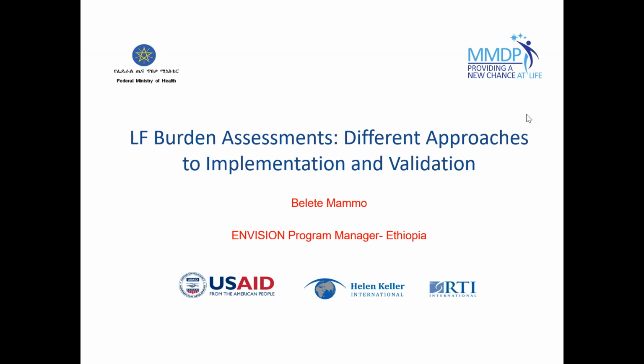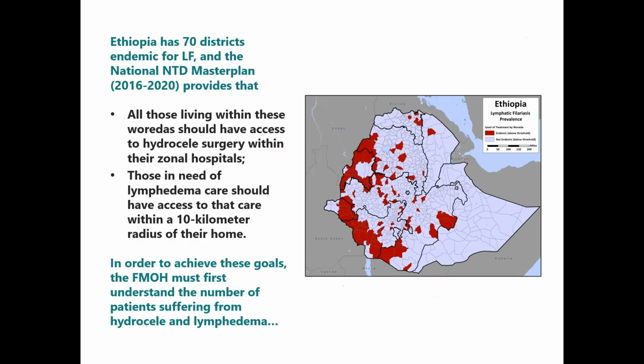Okay, thank you very much. I'm going to present you the experience of Ethiopia on the LF burden assessment. Next. As background information, Ethiopia has 70 districts endemic for LF.